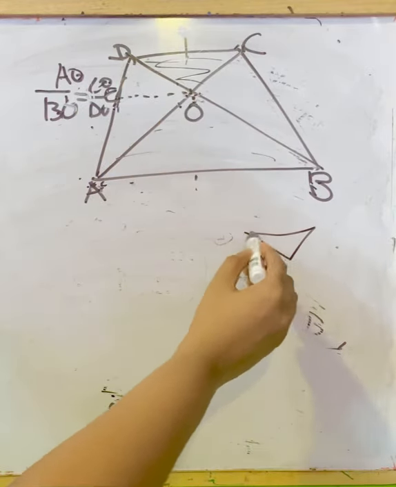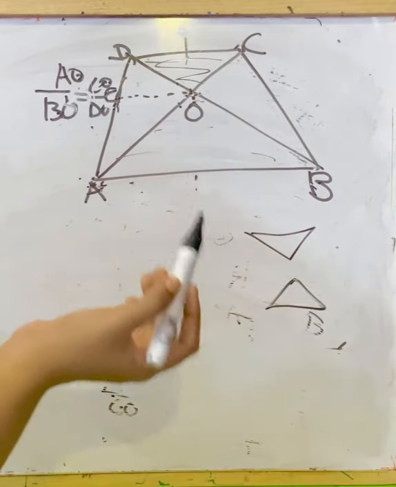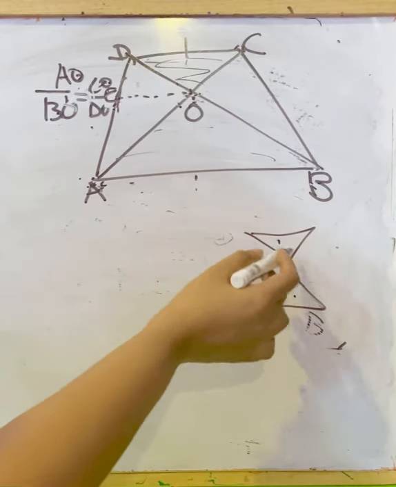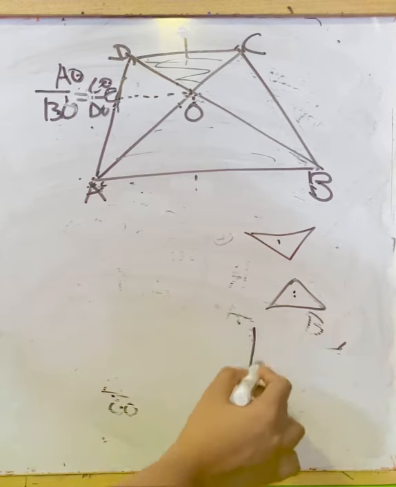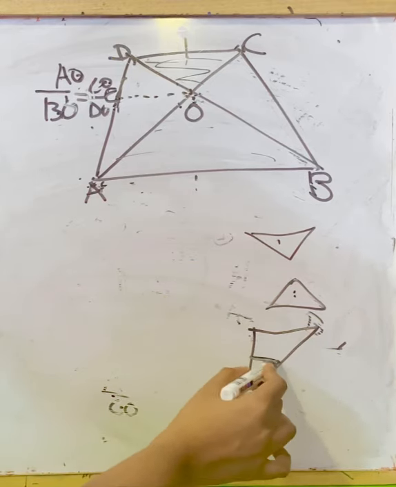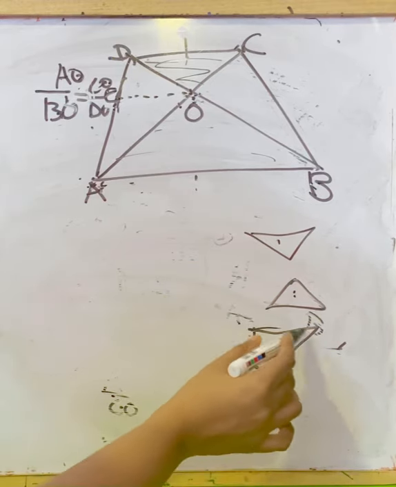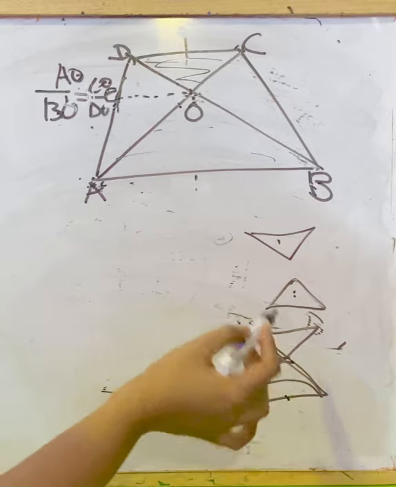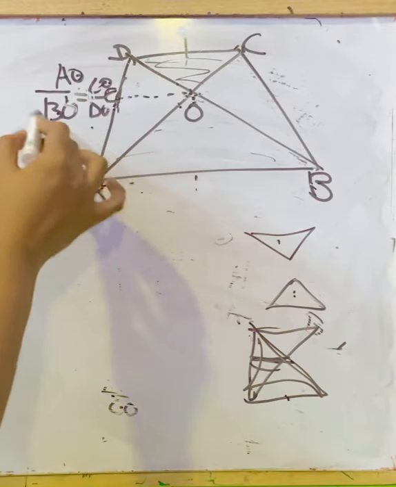That is like this shape. We can't use the basic proportionality theorem if we get two triangles like this. We have to get a triangle like this, which has a parallel line, or the same parallel line is used for the other triangle, this triangle also.